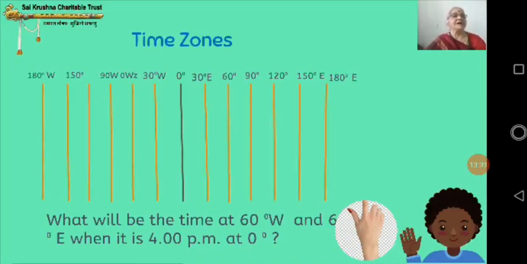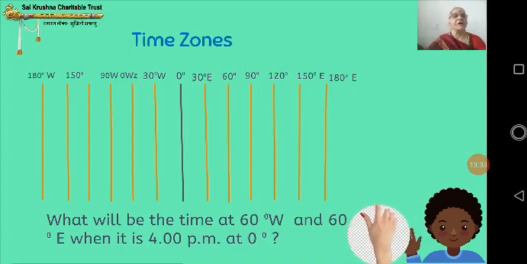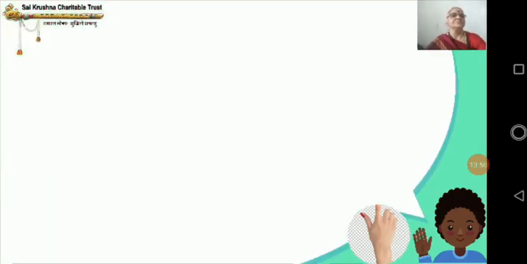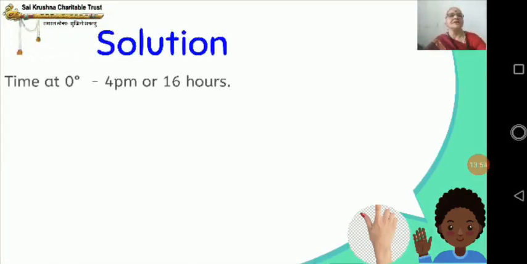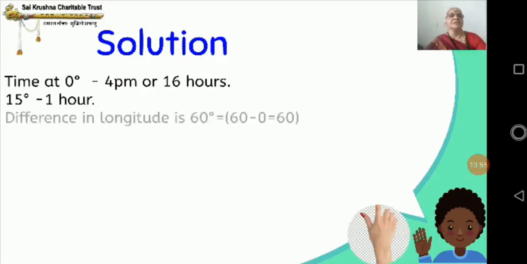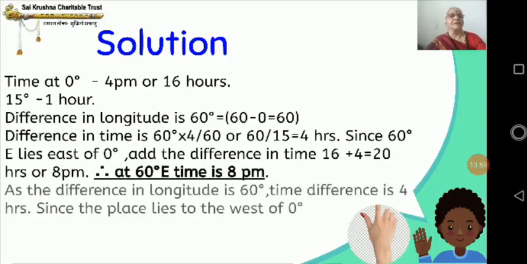What will be the time at 60 degrees west and 60 degrees east when it is 4 p.m. at 0 degrees? Here right in the middle you can see 0 degrees. You have to calculate 60 degrees west and 60 degrees east. You can see the solution here, but only after you work it out.